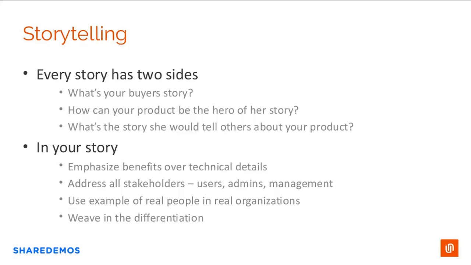Use examples of real people in real organizations, sometimes even names, highlighting their position. Hey, John, who's the VP of this function at this organization, this is exactly what they are looking to achieve through our product, or they have been able to achieve, and this is the time they took in realizing that value.